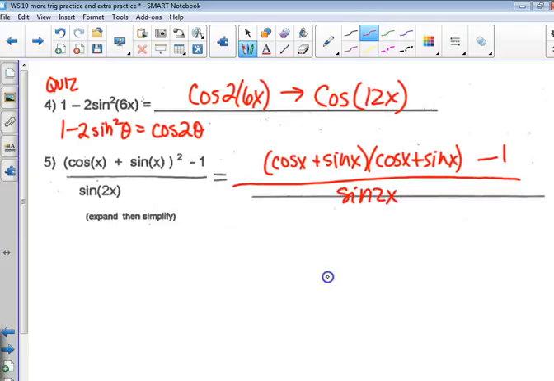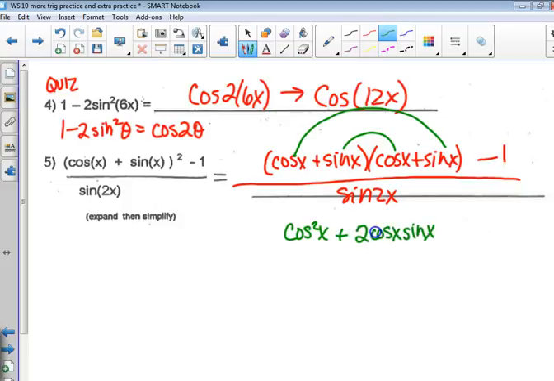So what's going to happen up top there? Cosine times cosine is cosine squared. Okay. What's one of these and one of these? Yeah, there's 2 of those that are a cosine times a sine, or a sine times a cosine, whatever order you want to write it in.